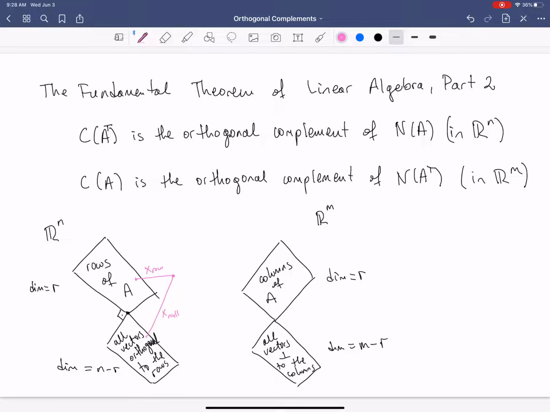So any general vector in Rn would be the sum of a vector in the row space and a vector in the null space. You apply A to that sum. So if you apply A to any vector in Rn, you are going to get a vector b in the column space of A.